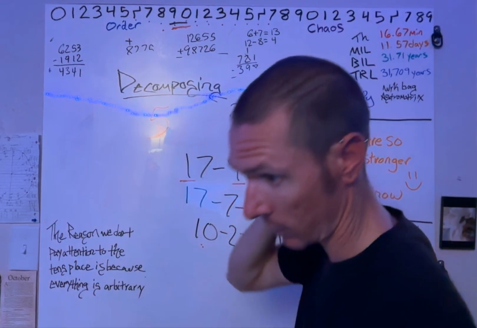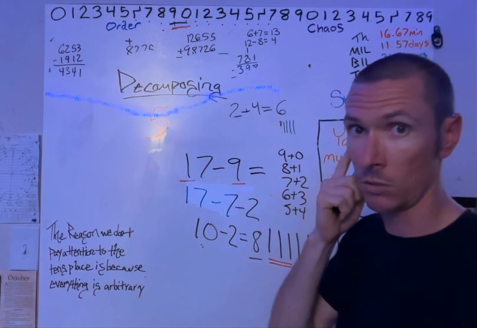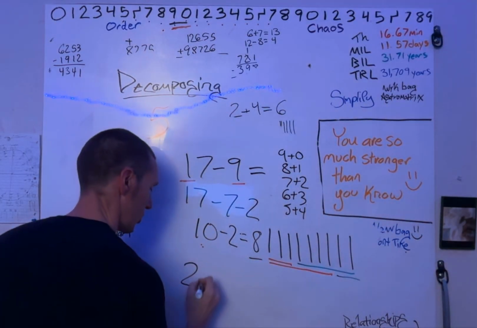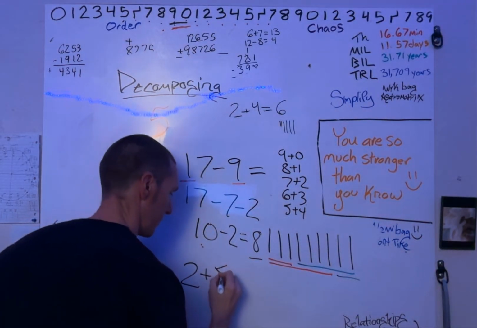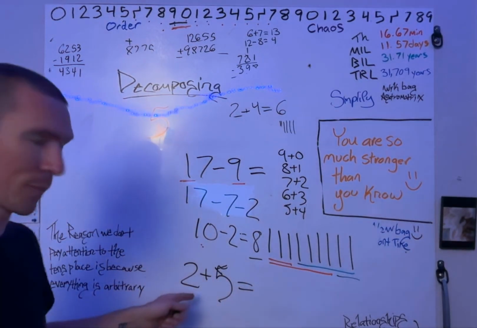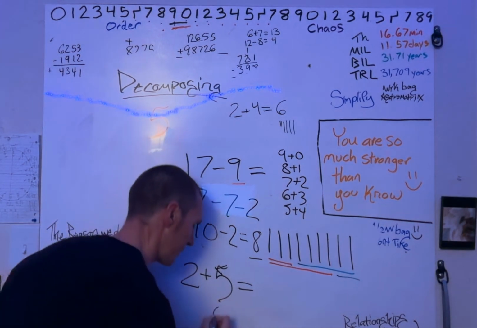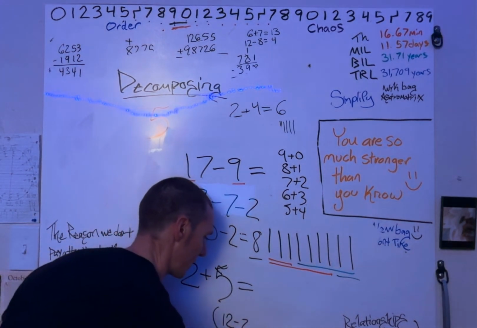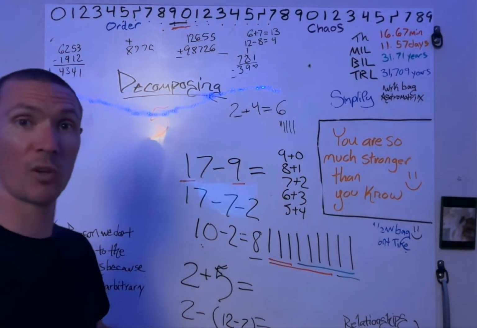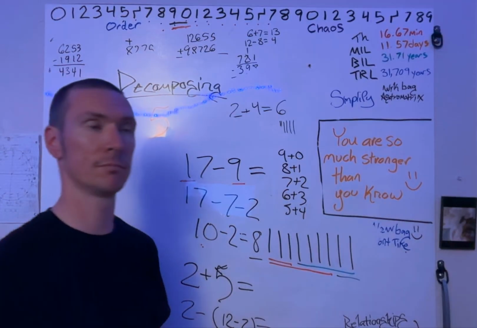I could represent 5 with a subtraction problem if I wanted. What's 2 plus 5? I keep on screwing up my 5s. What's 2 plus 5? Well, how about I represent 5 with 12 minus 7? That's a different way that I can write 5.